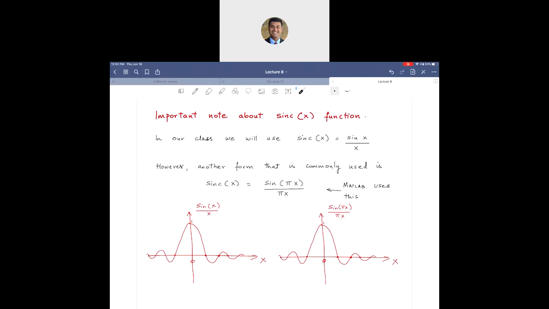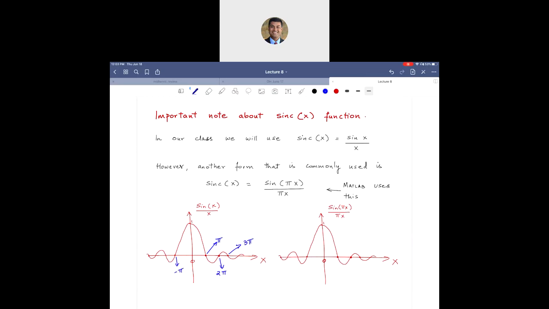So what is the difference graphically? The difference literally is the places at which the sinc function crosses 0. So for sine x divided by x, let me write this in blue, the sinc function crosses 0 at pi, 2 pi, 3 pi, and so on. Over here you have negative pi.